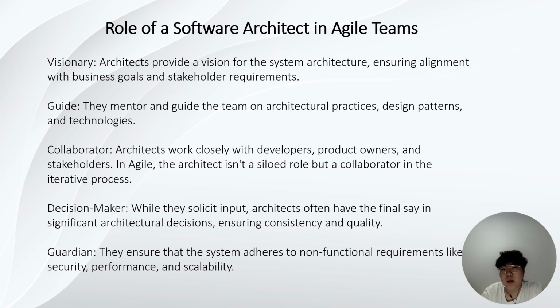In this part, I will introduce the role of a software architect in agile teams. Visionary. Architects provide a vision for the system architecture, ensuring alignment with business goals and stakeholder requirements. Guide.